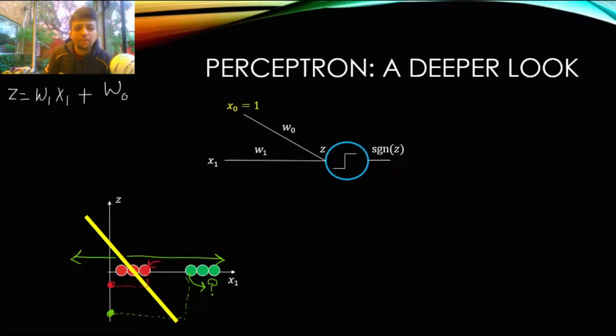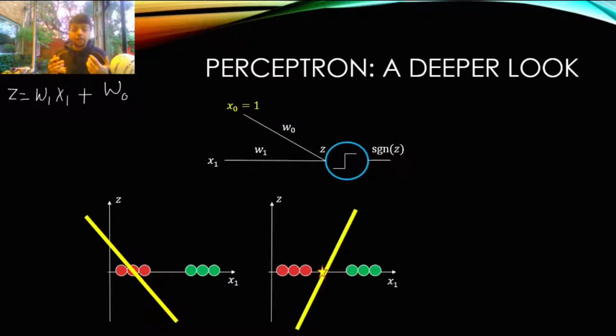So what we're interested in is to make sure that this line, instead of cutting x1 at that terrible point, moves a little bit more to where it really cuts through between those examples, right?